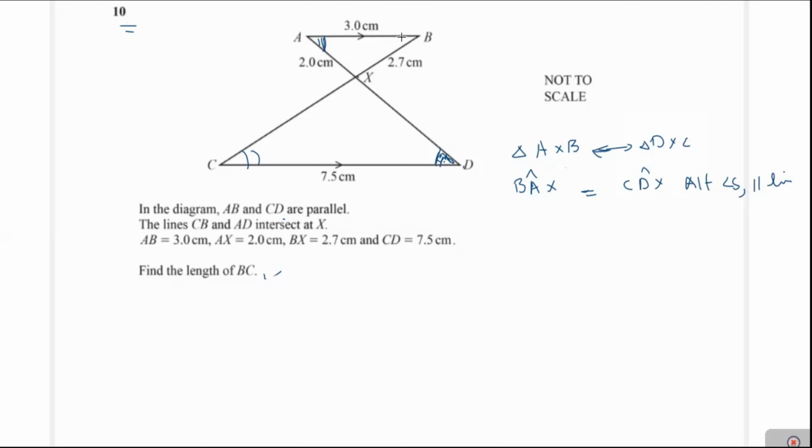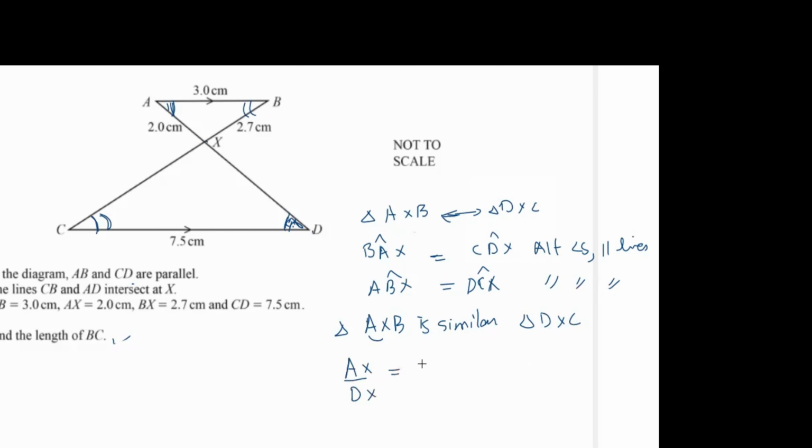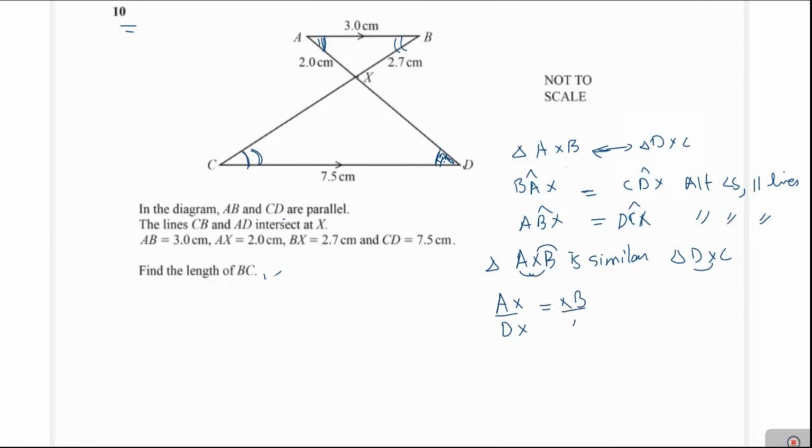Next, angle ABX will be equal to angle DCX, and these are also alternate angles of parallel lines. When two angles of a triangle are equal, therefore triangle AXB is similar to triangle DXC. Now AX over DX will be equal to XB over XC.